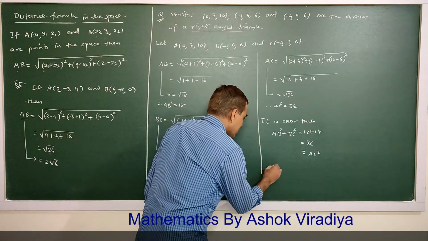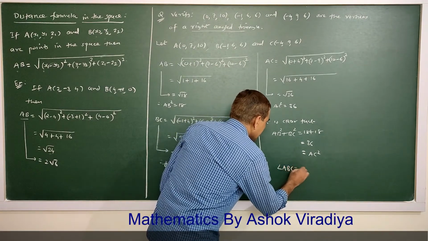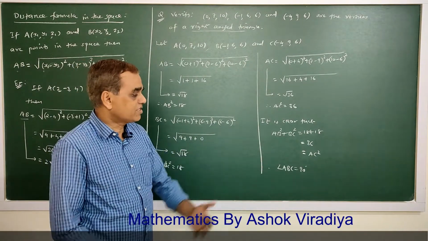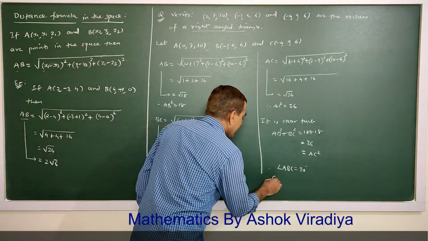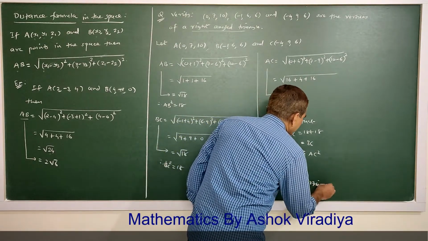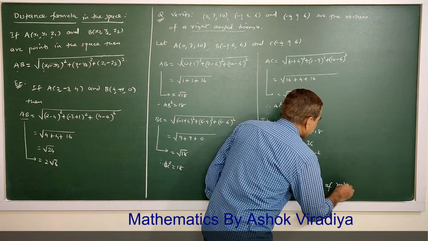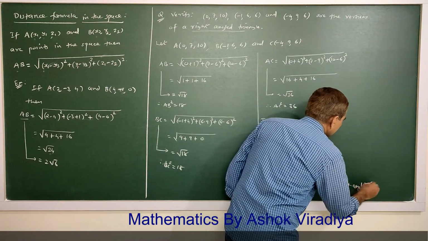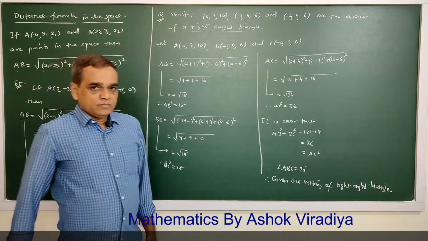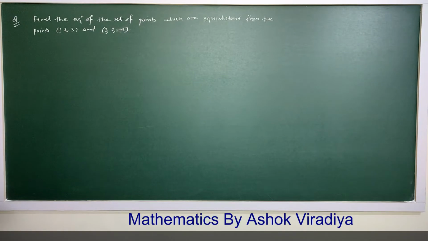So therefore angle ABC is 90 degrees, and AC is the hypotenuse. So given are vertices of a right angle triangle. Find the equation of the set of points which are equidistant from these given 2 points.